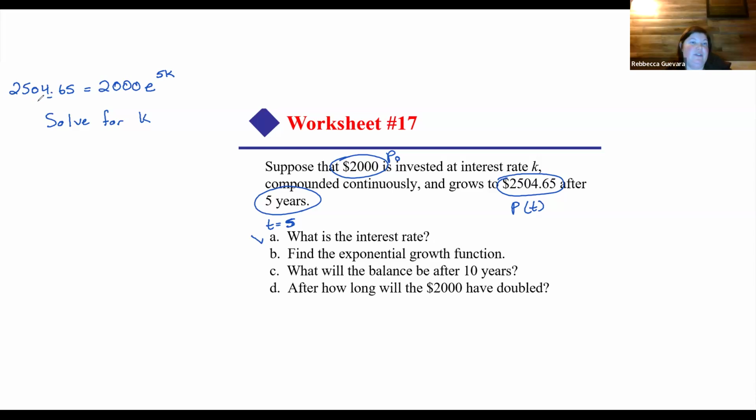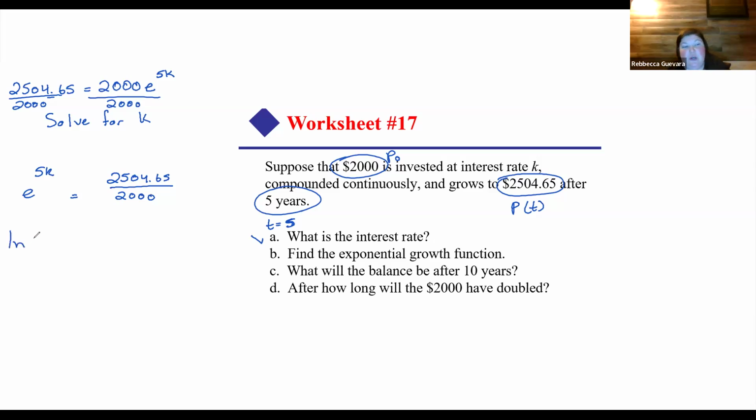So we're going to initially divide both sides by $2,000 to get that e by itself. So we've got e to the 5k is going to be equal to 2,504.65 divided by 2,000. I'm going to leave it like this just so I can avoid some rounding errors at the end.